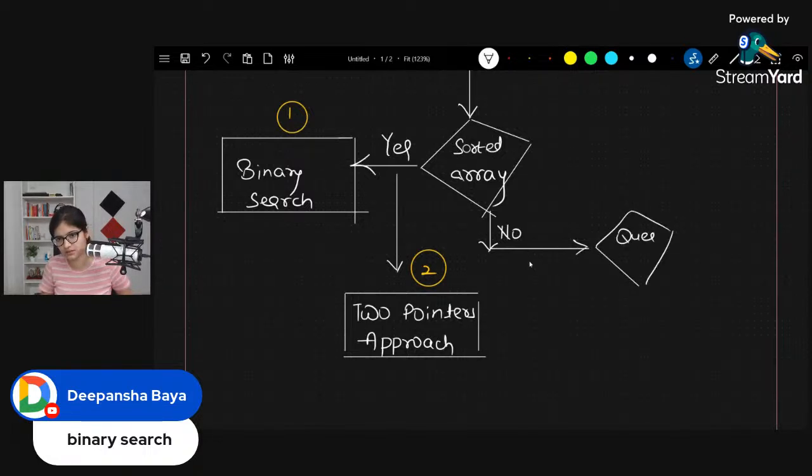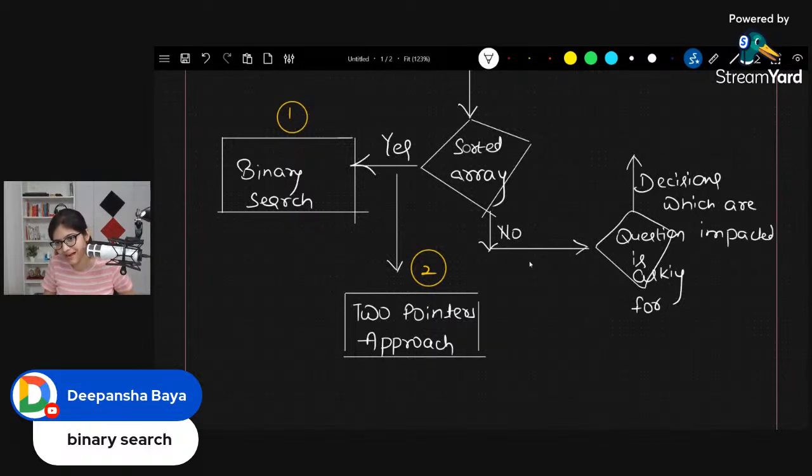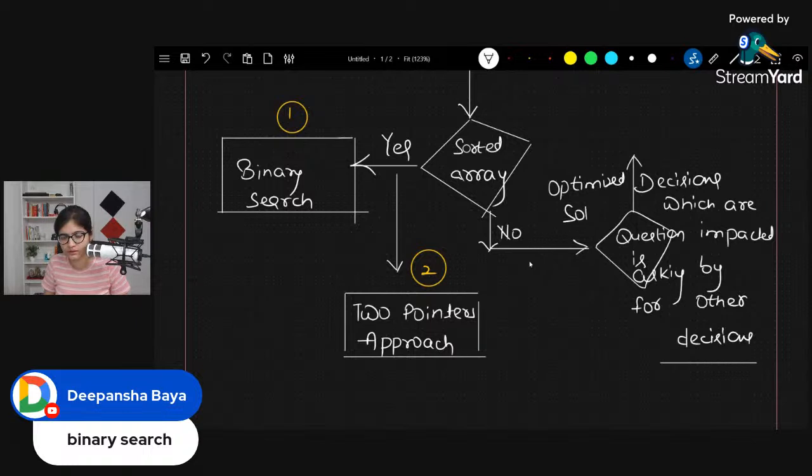Let's say the question is asking for finding out something, decisions which need to be made, which are impacted by several other decisions. Meaning that, let's say you want to focus on finding out the optimized solution, but in that optimized solution you need to focus on all the possible paths.